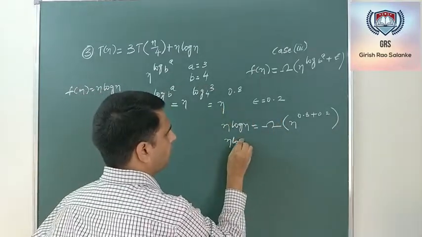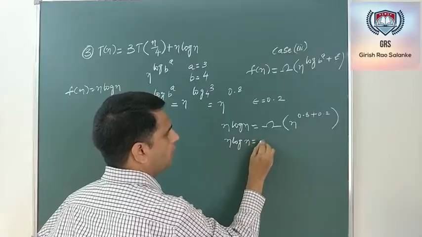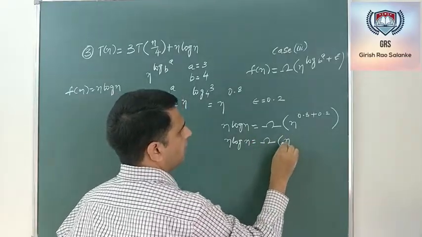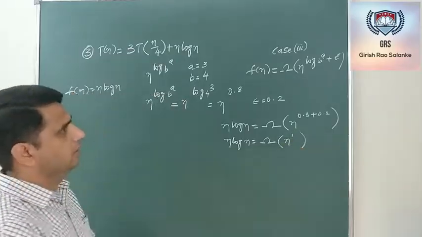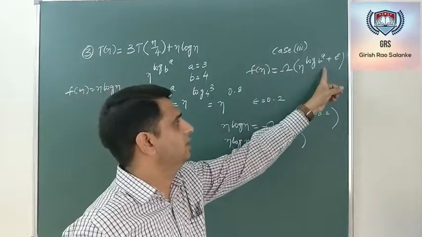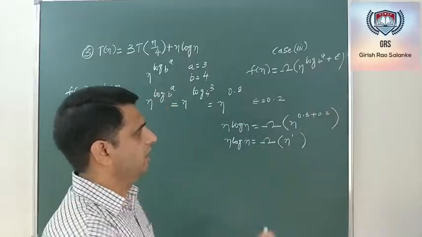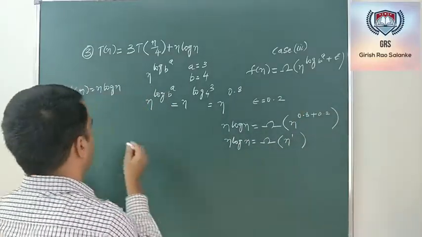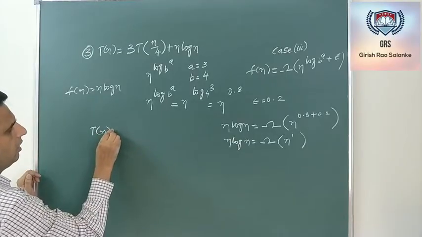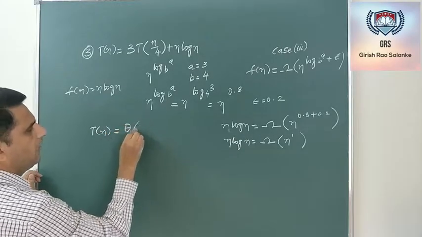This becomes n log n is equal to big omega of n to the power of 1. Now even in this case, with this I can directly write that T of n is equal to theta of f of n.